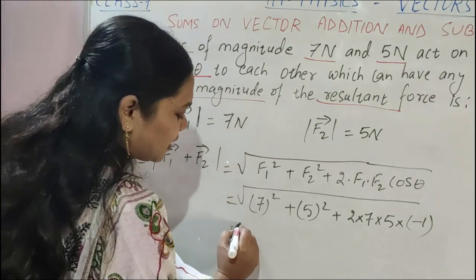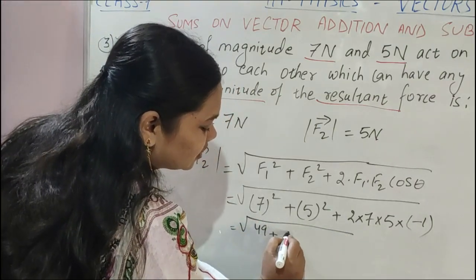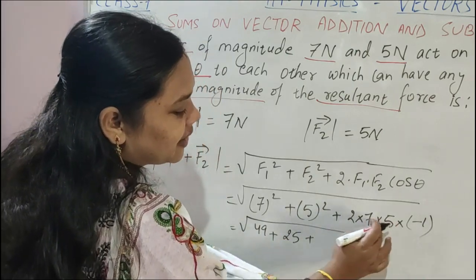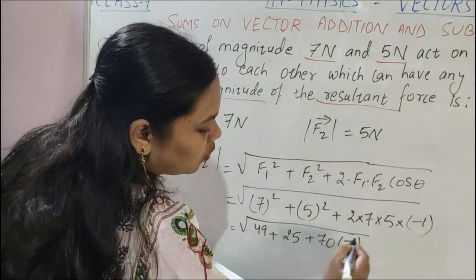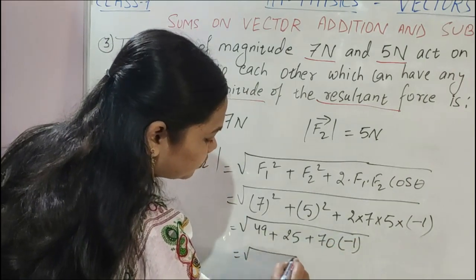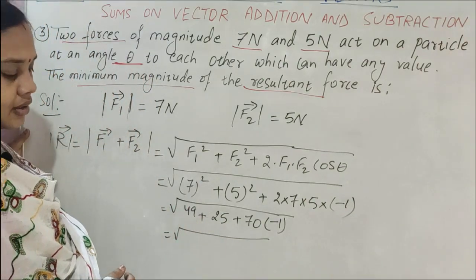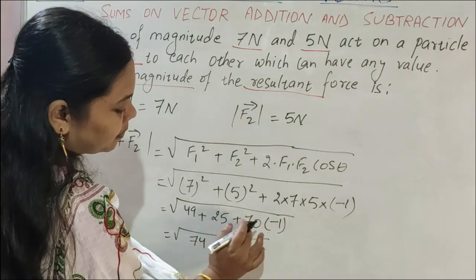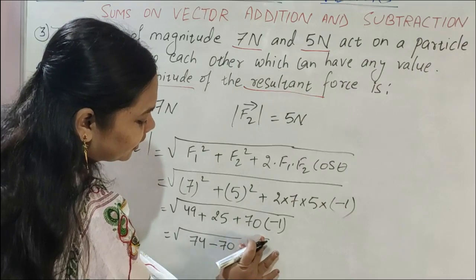Now let's see what happened. 7 square is 49, plus 5 square is 25, plus 2ab, 2 fives are 10, into 7, 70, into minus 1. So add 49 plus 25, it is 74, plus 70 into minus 1, minus 70.